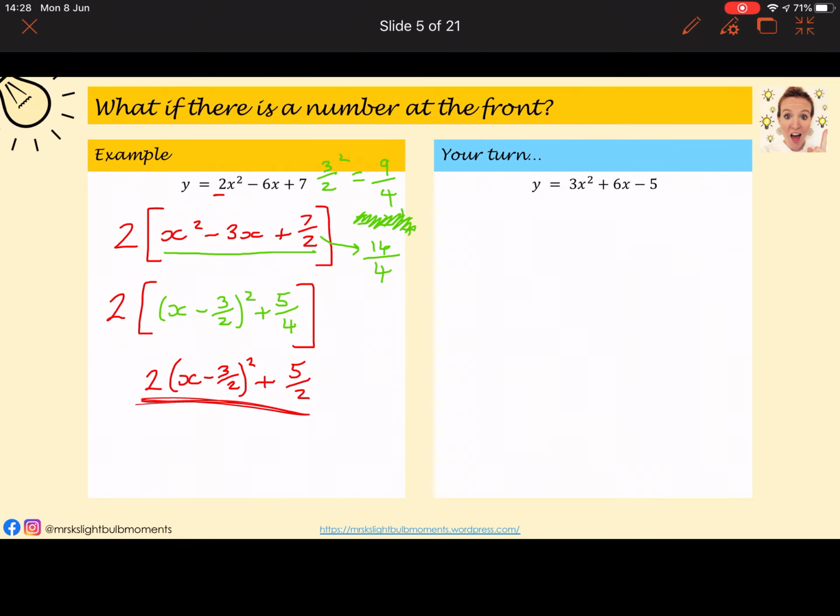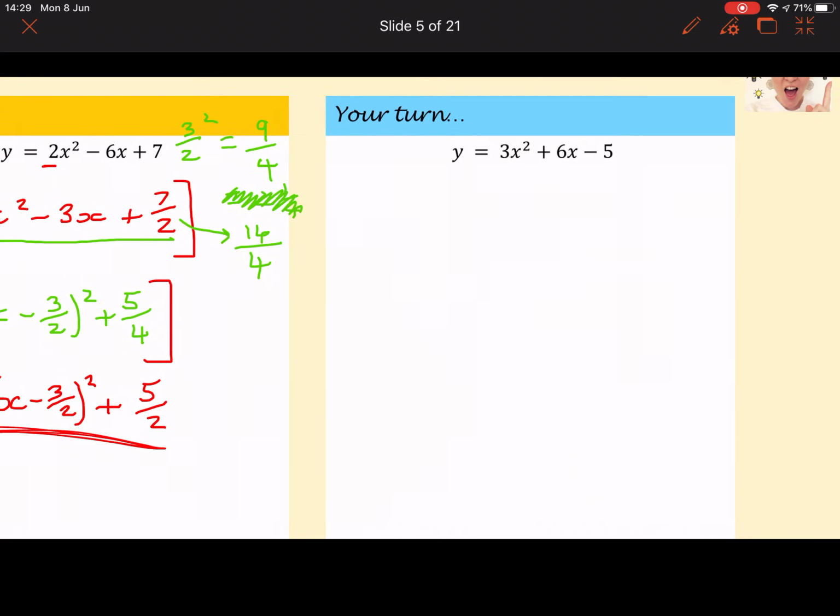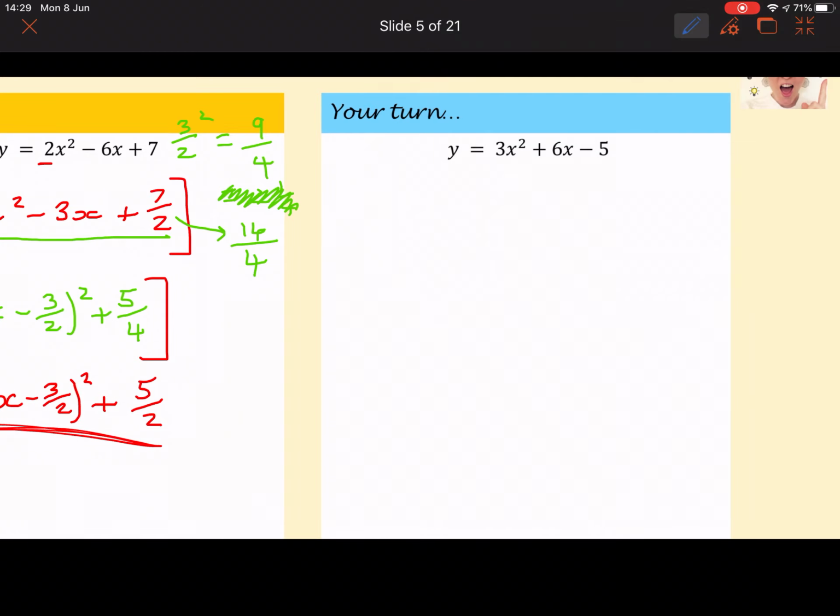Your question is y equals 3x squared plus 6x minus 5. Alright, should we start going through it?